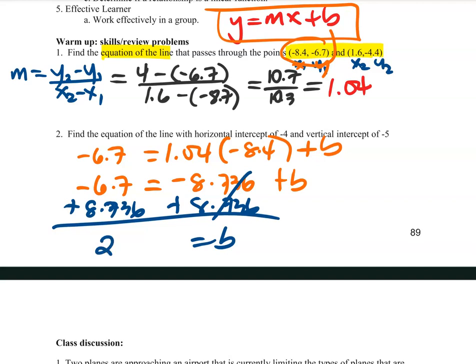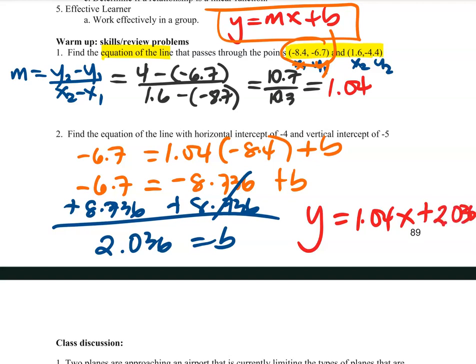And this is equal to 2.036. So now you'll be able to write your equation of the line. So y equals, your m is 1.04x plus your y-intercept b is 2.036. So this is the equation of the line.